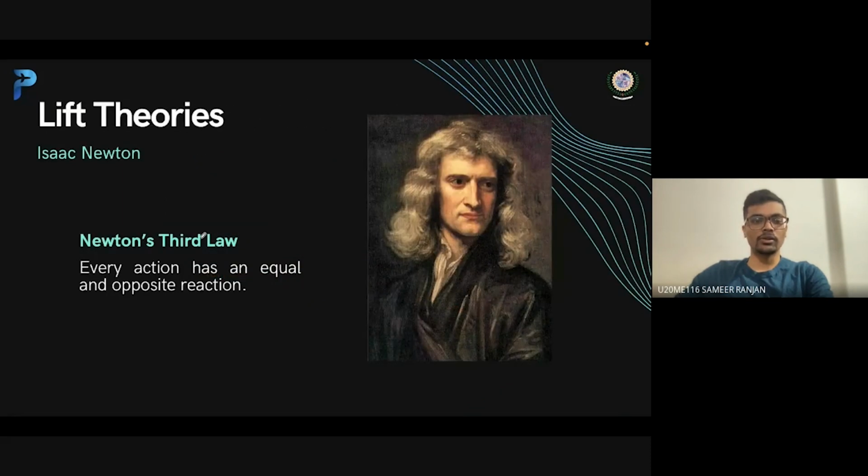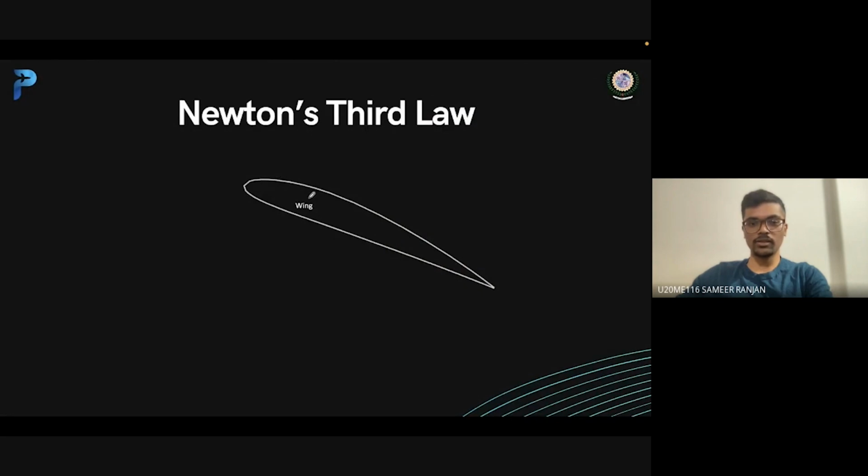The next theory is Newton's third law, which you all know from the ninth standard itself: every action has an equal and opposite reaction. Let's see how it helps in explaining lift generation. This is the cross section of a wing, and you all know that force equals mass into acceleration, and acceleration is basically dv by dt.